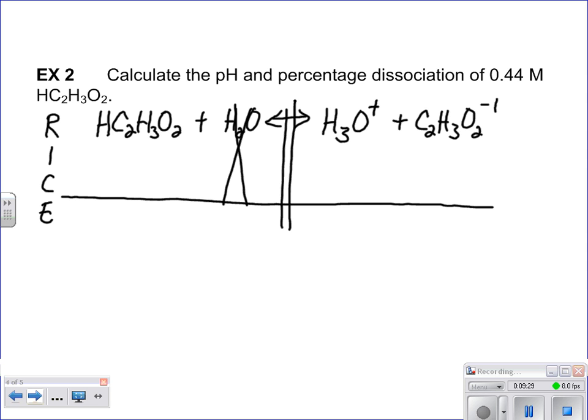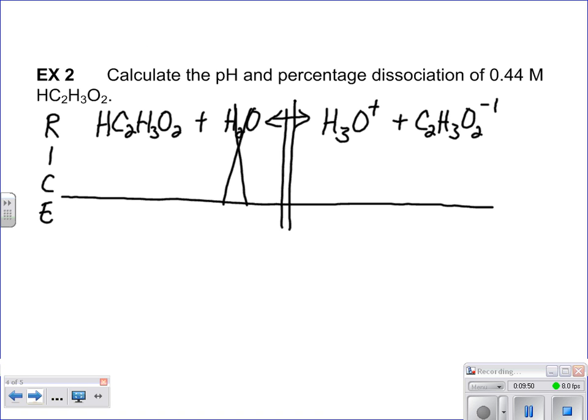And notice also how this is a little bit different than the first one that we did. Instead of just being given some sort of symbol of HA, meaning a weak acid, we're actually given the exact acid. We're told that it's acetic acid. So we can look this value up, its K value, on our dissociation reference sheet.